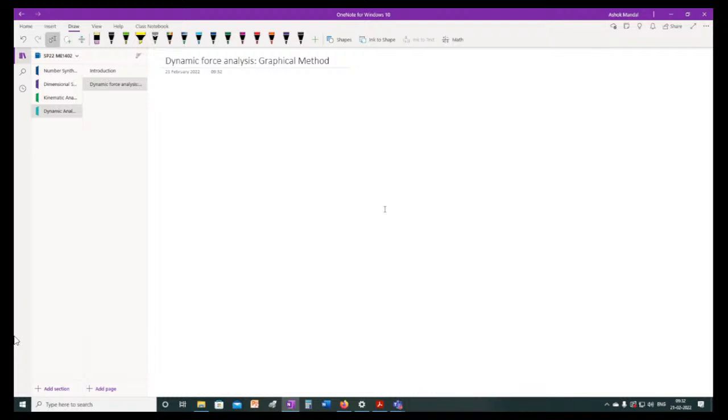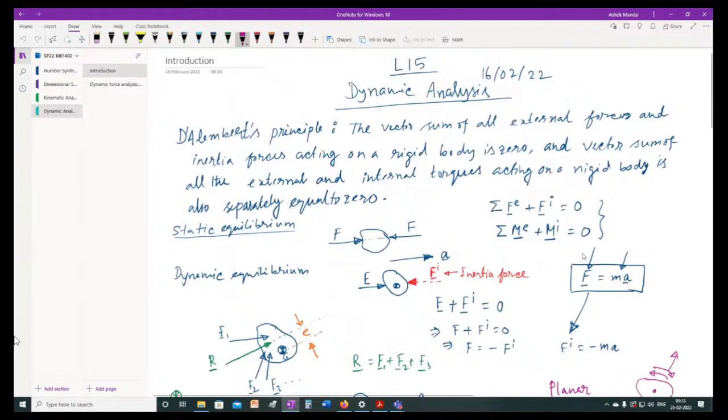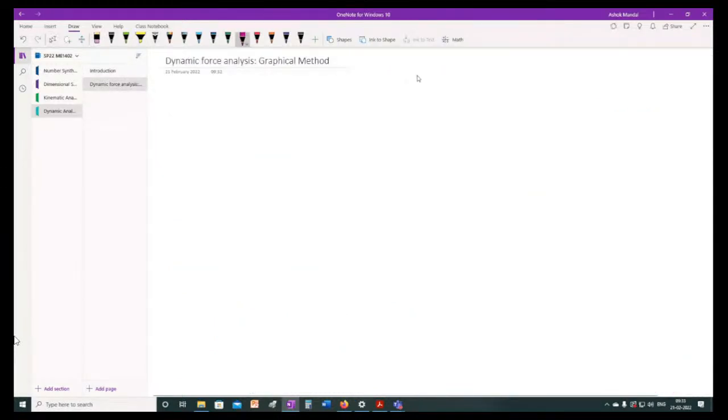Then we will discuss the analytical method, because it is not easy to use the analytical method with pen and paper, but when you have a computational system the analytical method is much more useful, and in today's scenario that is the way people do the analysis. So today's lecture is lecture number 16.